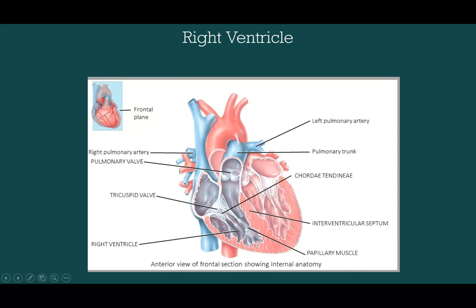And these are all going to help with closing the valve. Blood will then move from the right ventricle, and it'll go through the pulmonary semilunar valve, or just pulmonary valve, to the pulmonary trunk, and it'll go to the pulmonary artery, or left pulmonary artery, or the right pulmonary artery.